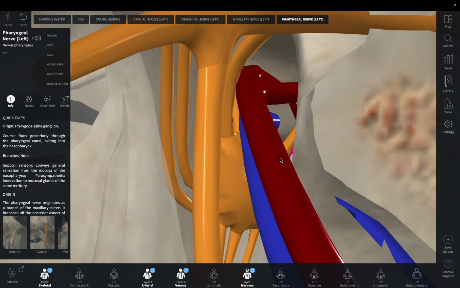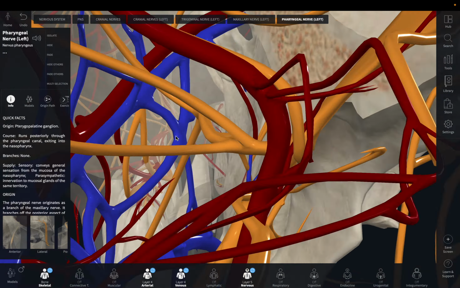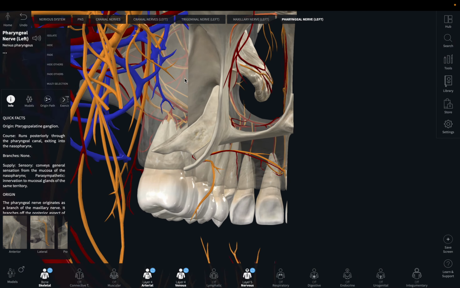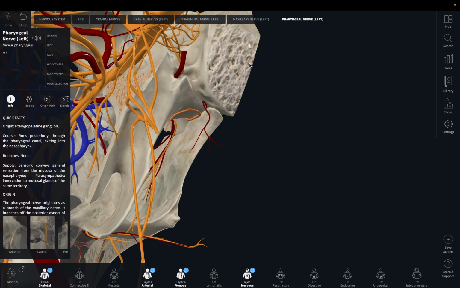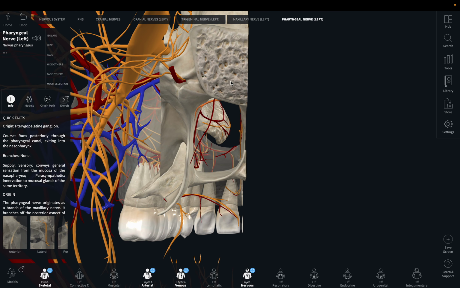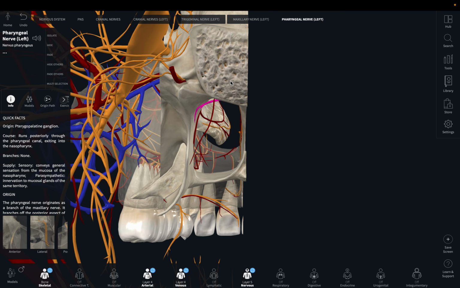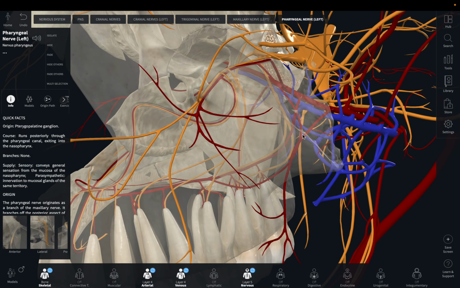The pharyngeal nerve, we can see, comes out over here and supplies general sensation from the mucosa of the nasopharynx. So it's the sensory and then parasympathetic innervation to mucosal glands of the same territory. So that's the pharyngeal branch.